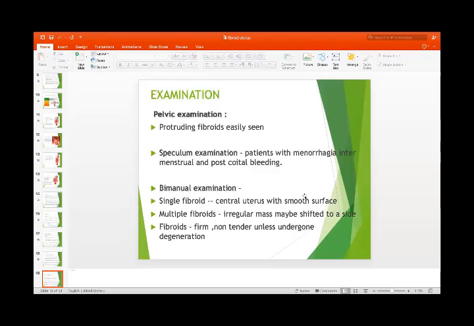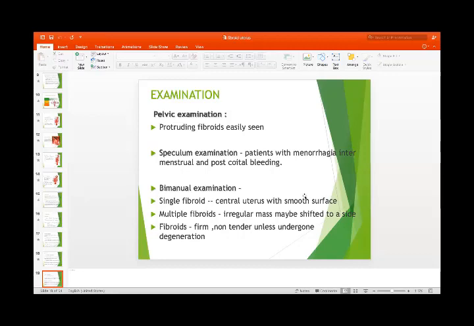On pelvic examination, the steps are first speculum examination and then bimanual examination. On speculum examination, when we introduce a Cusco speculum inside the vagina, we will visualize the cervix and see if there is any mass protruding from or arising from the cervix.